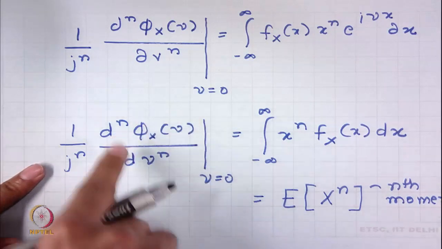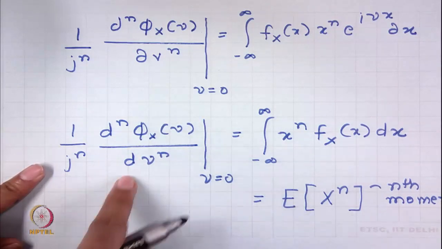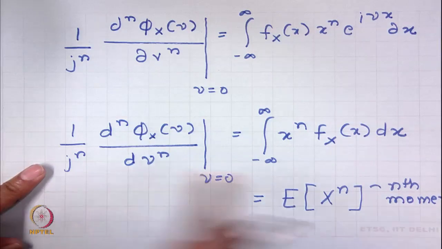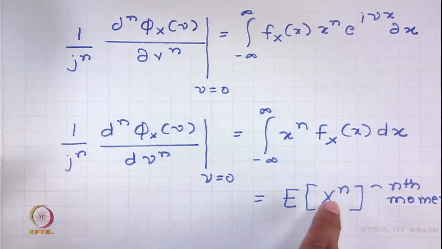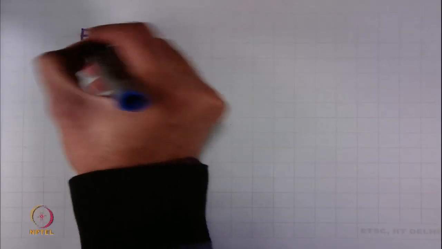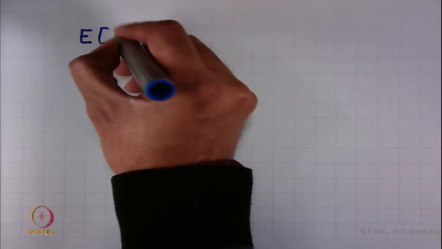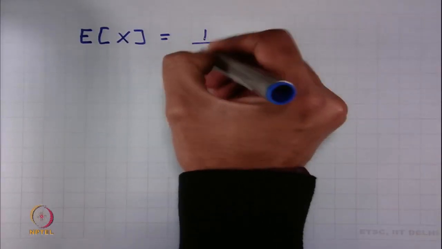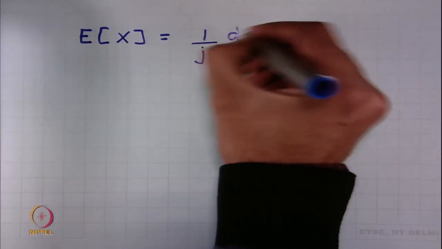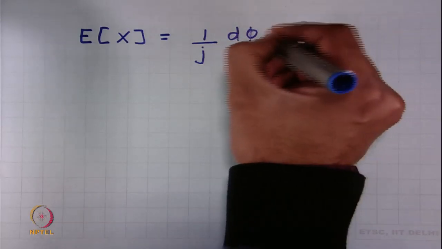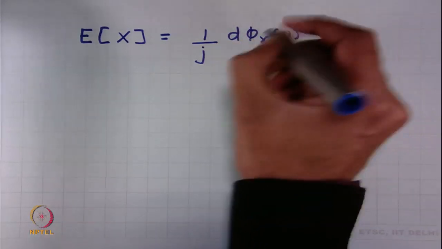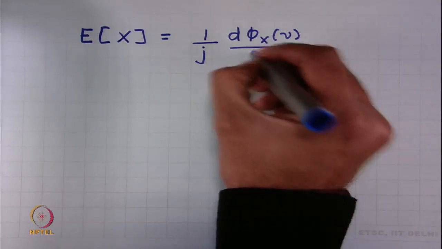So, if I am given a characteristic function of any random variable, I can find all its moments. For example, if I have to find the first moment of a random variable x, then this would be nothing but this.